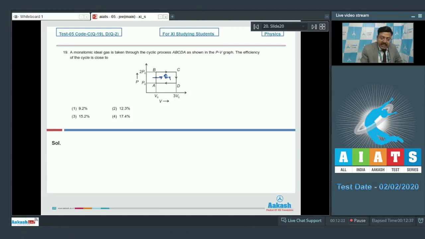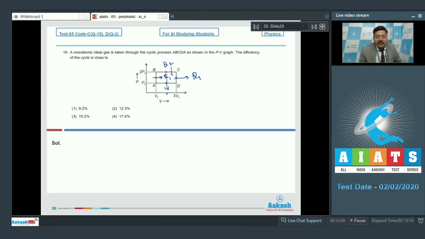The process BC also, heat is being absorbed by the gas. Let's say the heat absorbed is Q2 because it's a case of isobaric expansion, whereas in process CD heat will be rejected by the system, and let's say it rejects Q3 amount of heat. Why is it rejecting heat in process CD? Because it's an isochoric process in which pressure is decreasing and so temperature is decreasing.